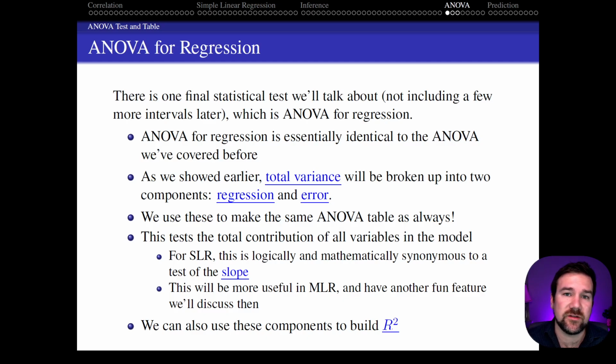Remember, R-squared is the proportion of variance in the outcome explained by the independent variable of the regression model. And so when we build this, we'll discuss that a little bit. And this is something that I really like about ANOVA for regression.